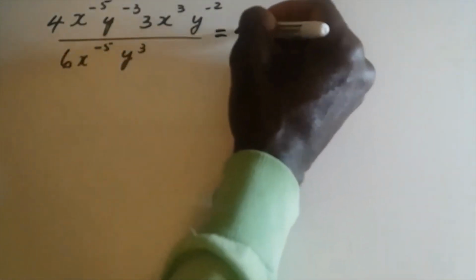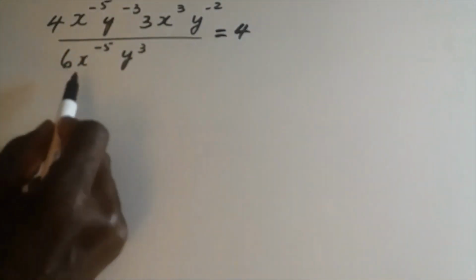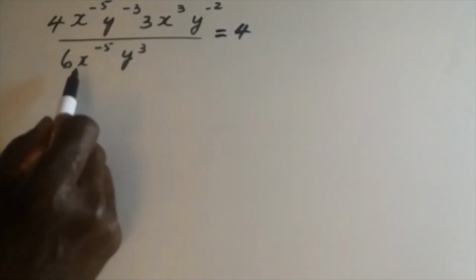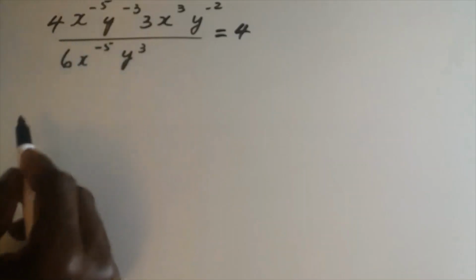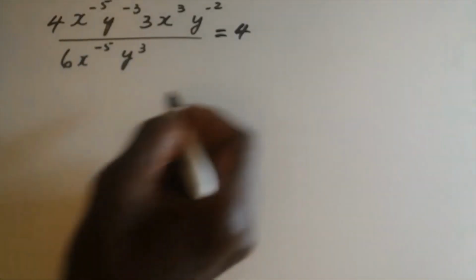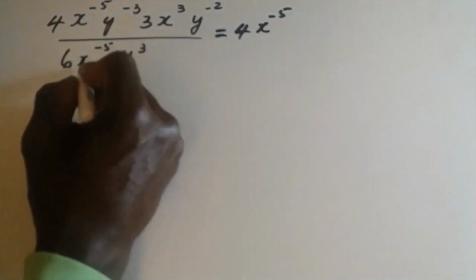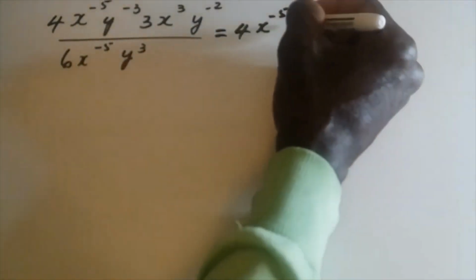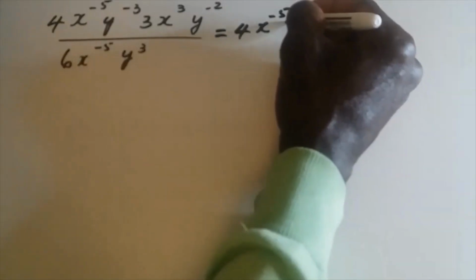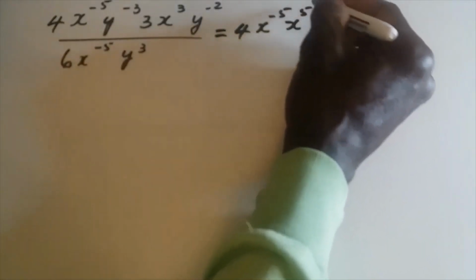So we have 4 to start with. Anything we move from the denominator with a negative index moves to the numerator and becomes positive, and vice versa. So we have x to the -5. We'll move this x to the -5 to the numerator to become x to the 5th power.